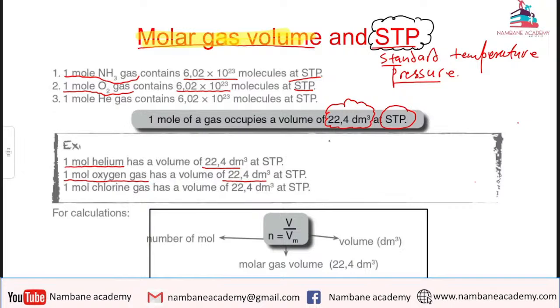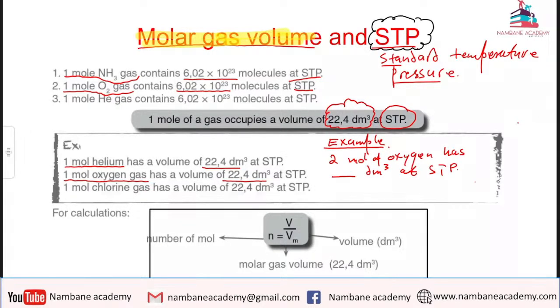Now I am going to add an example here to say, now fine, 2 moles of oxygen has what volume in decimeter cubed at STP?